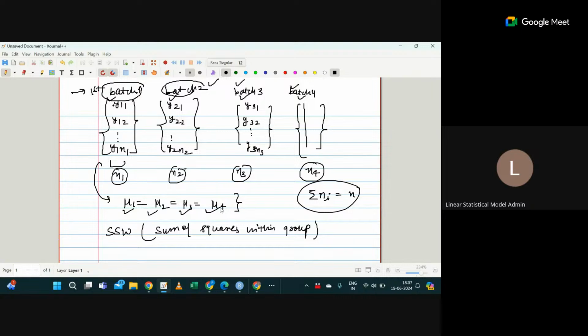That means all four batches of your electric lamps are homogeneous. Homogeneous means you will take those observations for which in each batch variations are less. Homogeneous means variations will be less. Are you getting my point?